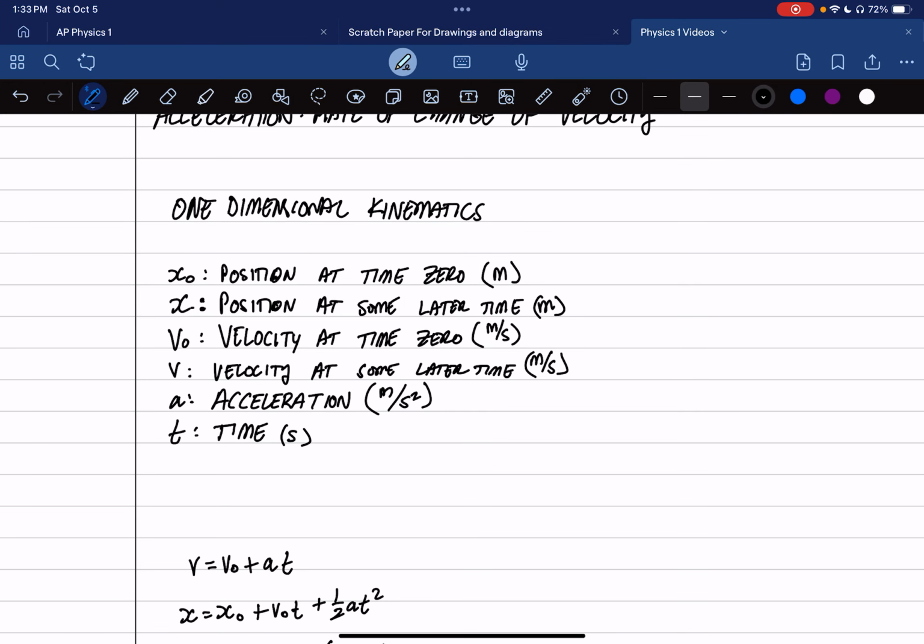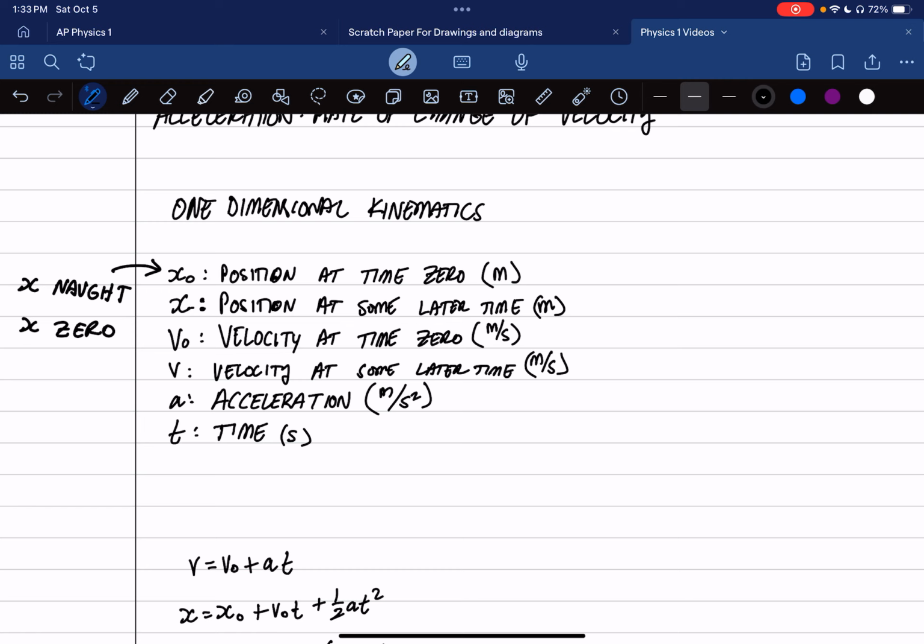We'll be using 6 quantities. The position of some object at the start of time, time 0. So this first one, we pronounce it x naught, or you can say x0. So x naught is the position at time 0.